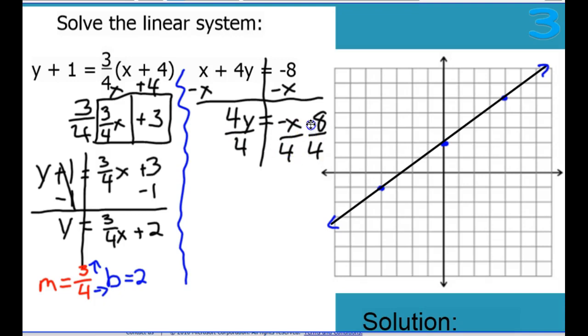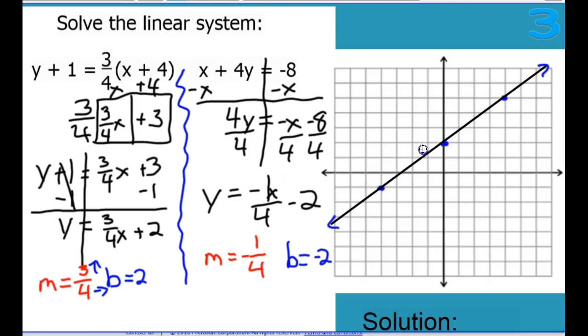We're dividing everything by 4. So we get y equals negative 1/4 x minus 2. So that means our m is negative 1/4 and our b is negative 2.